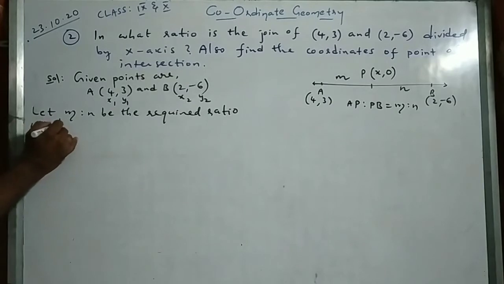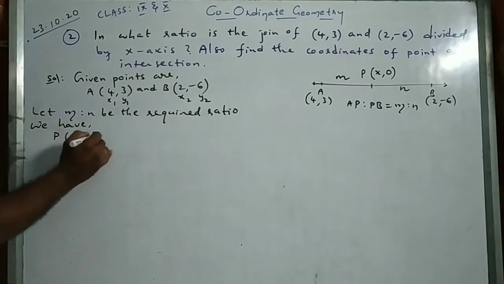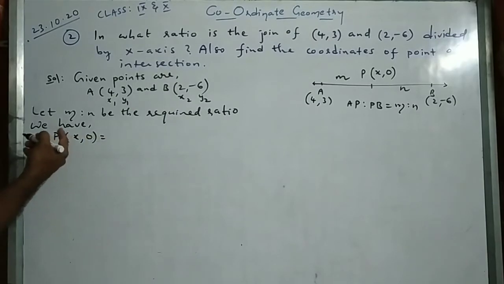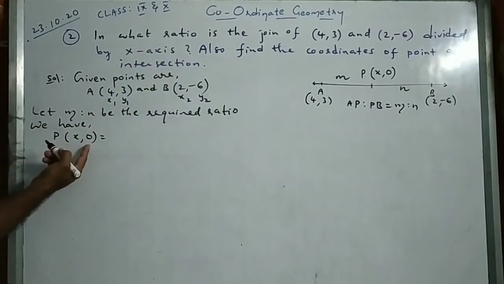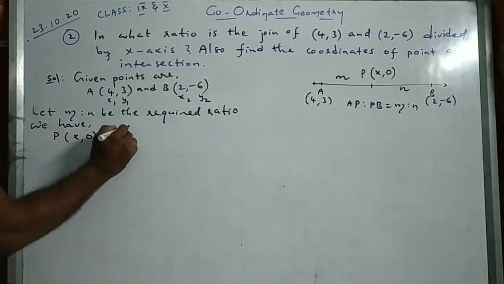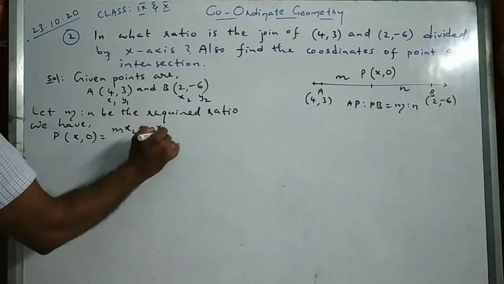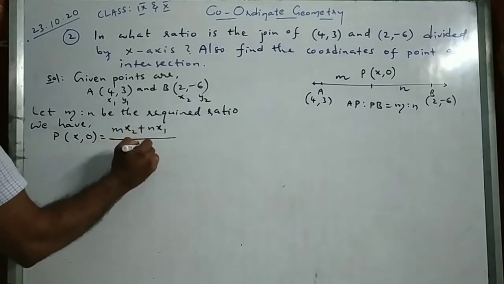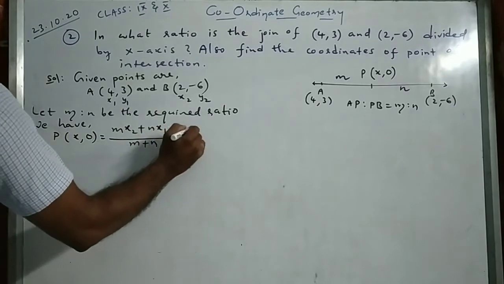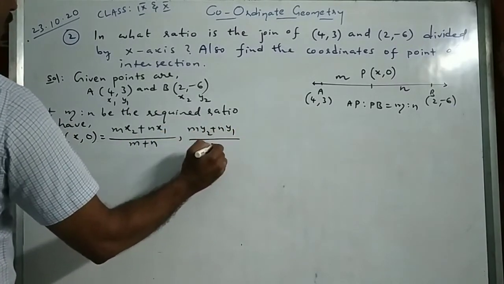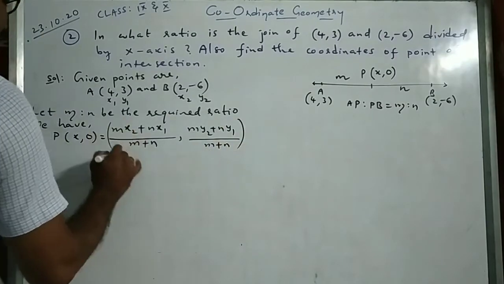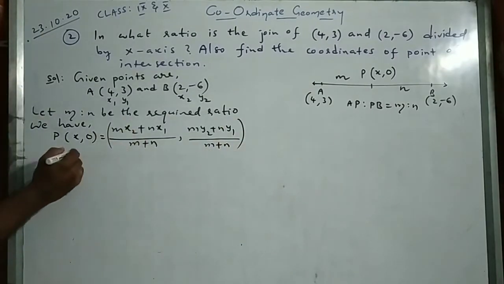We have a formula. What is the formula? P of (x, 0). Why should I take P of (x, 0) here? Since it is the x-axis, the y coordinate should be 0. Remember always: (mx2 plus nx1) upon (m plus n), comma (my2 plus ny1) upon (m plus n). This is the formula to find the division coordinates.